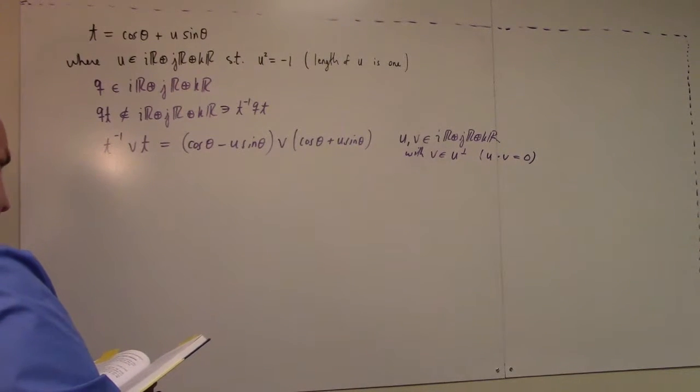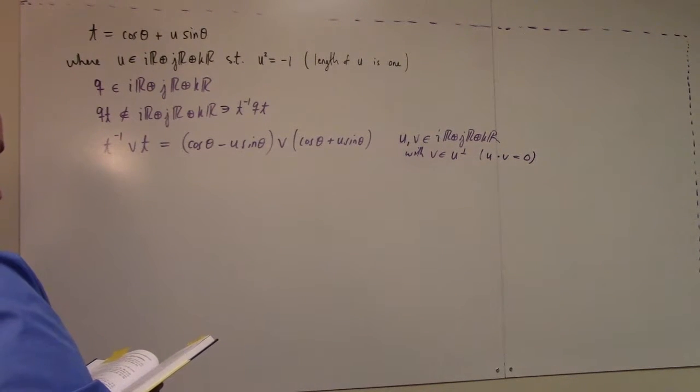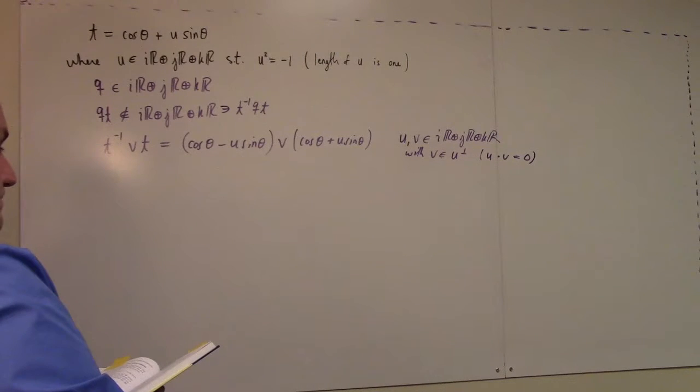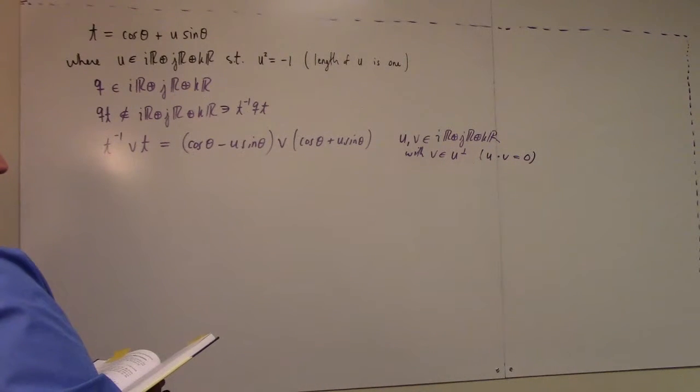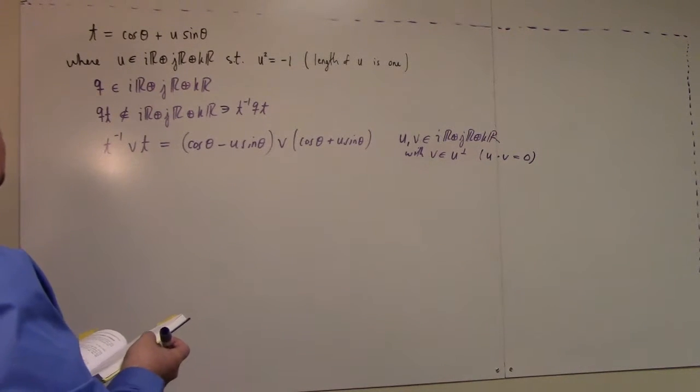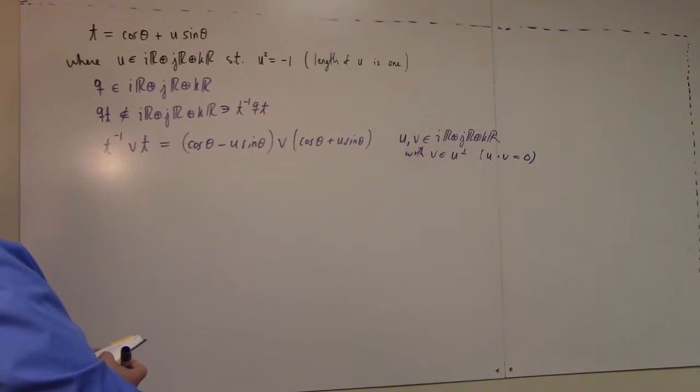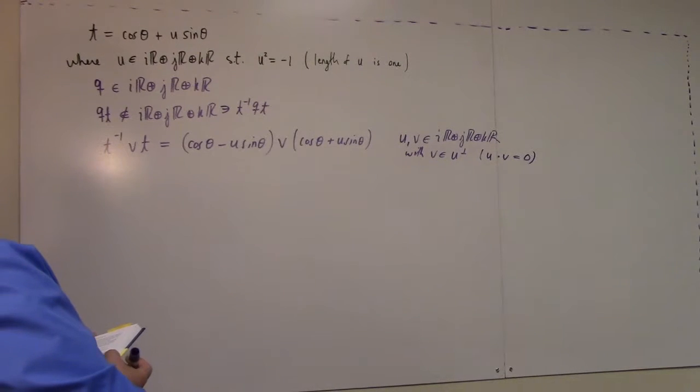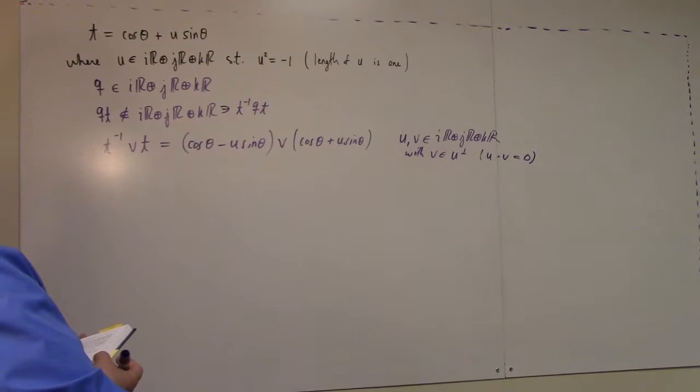And you also get W, which is U cross V. He's like, let W equal U cross V. It makes a basis.